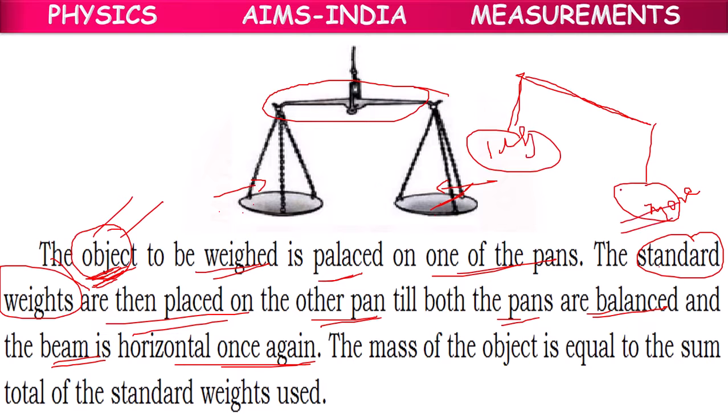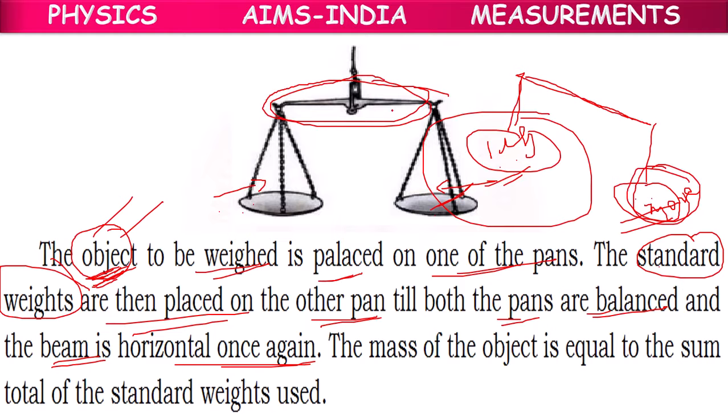So we have to increase or reduce the weights, because we have to find out the object's weight. We can increase or decrease the weights until the beam is horizontal or balanced.